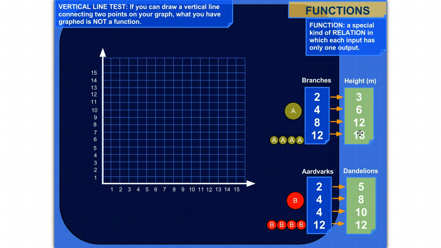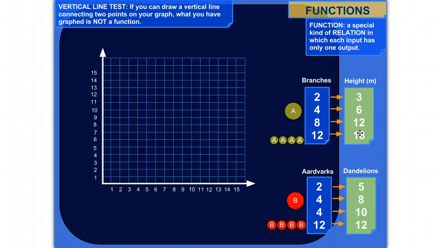So I think it's really nice to graph the relation, and there's a way of telling just by graphing the relation whether it's a function or not, and that's called the vertical line test. We'll do the vertical line test, and we'll immediately know whether it's a function or not. We don't have to look at all the numbers.